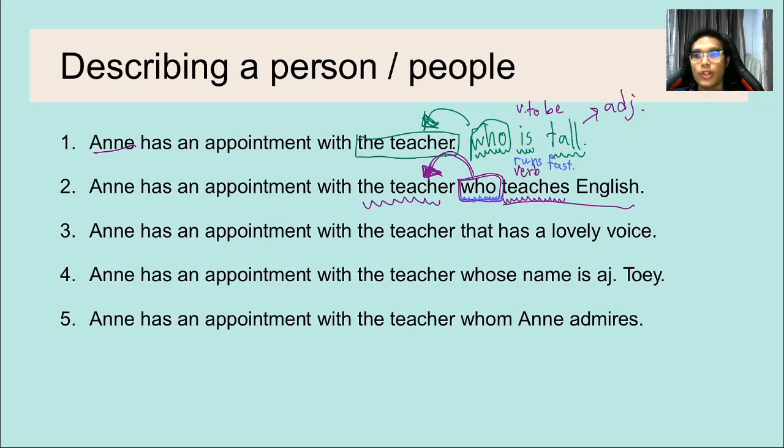For example, the third sentence: Anne has an appointment with the teacher that. So now we don't use who, right? We use that. So to conclude, we can use that to describe a person or people as well.